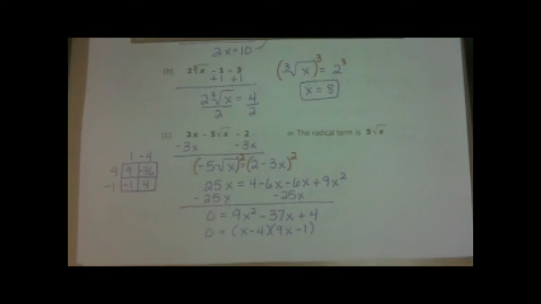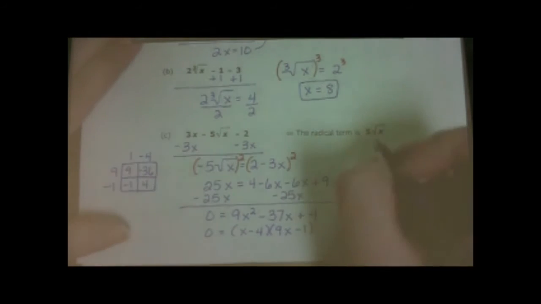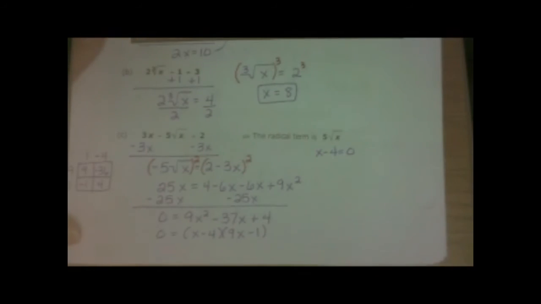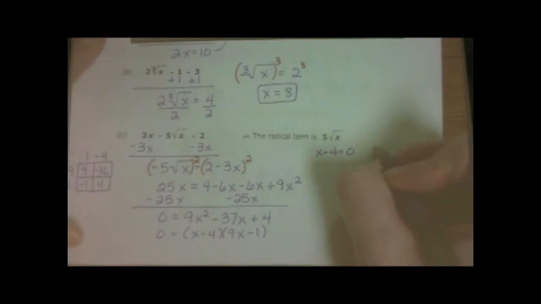Remember, these two things multiply equals 0. So one of these two things has to be 0. So our next step in solving this equation is to set x minus 4 equals 0. And I'm also going to want to set 9x minus 1 equals 0.